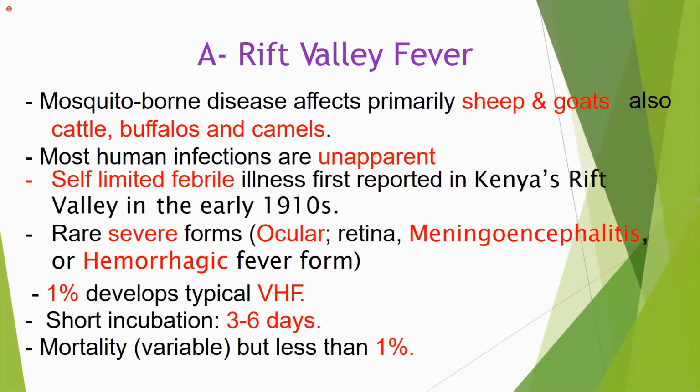There is also a rare severe form in which there is ocular involvement in the form of retinopathy, and meningoencephalitis or a hemorrhagic form. 1% develop typical viral hemorrhagic fever, with a short incubation period, and mortality is less than 1%.